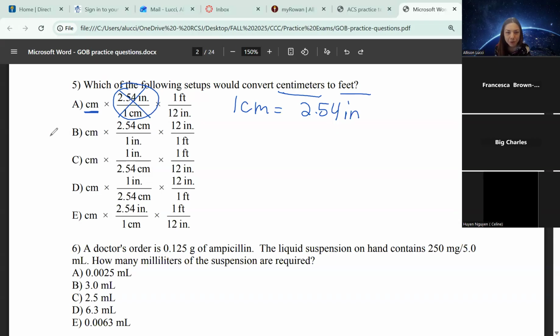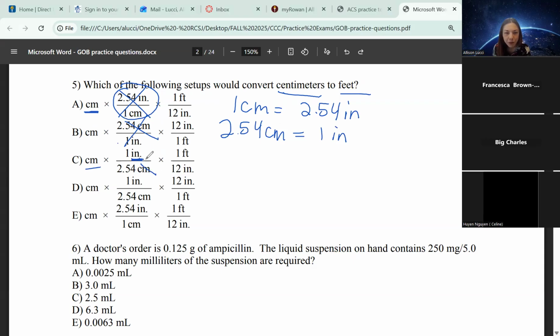But if I go to B here, I can see that I have the correct relationship with my conversion factor, but my units don't cancel. So centimeters and inches would not cancel out. So B is not correct because of the orientation, the way that my conversion factor is plugged in. Then if I go to answer choice C here, this looks a little more promising. Centimeters will cancel with centimeters.